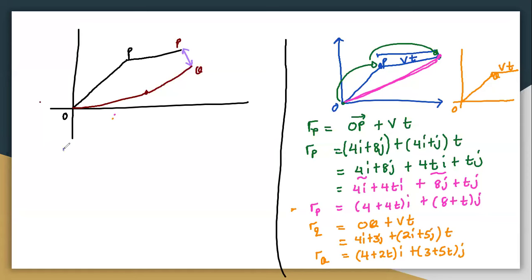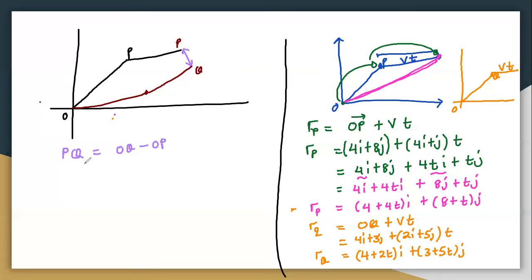So in order for us to get PQ, how do we obtain it? Yesterday we learned it in terms of position vectors. To get PQ, we shall always get OQ minus OP.